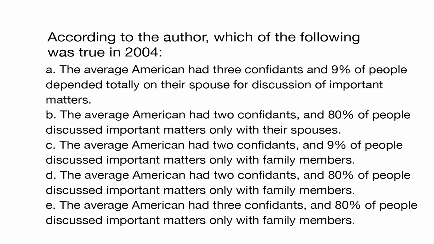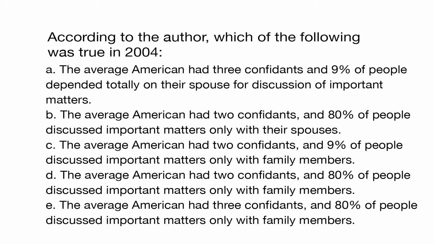According to the author, which of the following was true in 2004? Was it A. The average American had 3 confidants and 9% of people depended totally on their spouse for discussion of important matters? B. The average American had 2 confidants and 80% of people discussed important matters with only their spouses? C. The average American had 2 confidants and 9% of people discussed important matters only with family members?